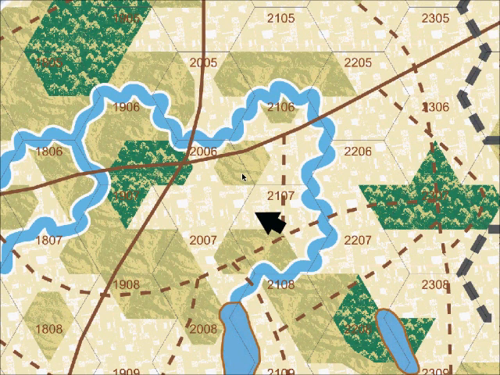So this is the terrain the defender would probably pick for defense. Note that the defender could not pick the wood in this hex side back here as a defensive terrain. That's because this terrain is not adjacent to the hex side that the attack is coming through.